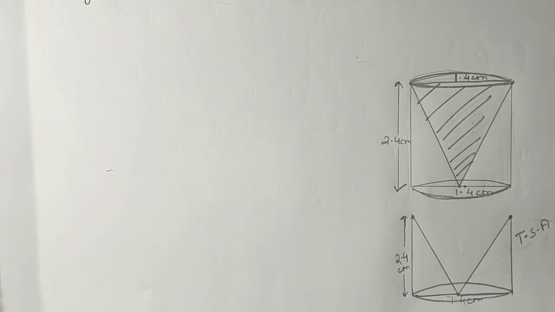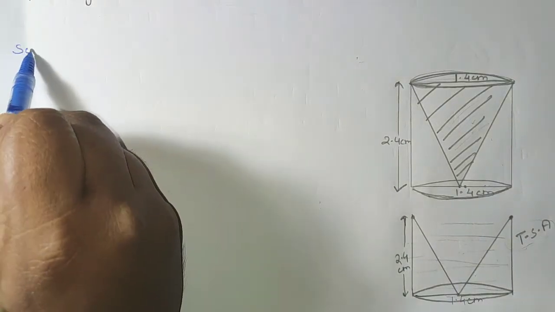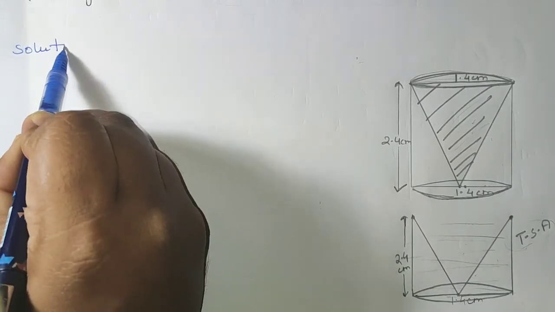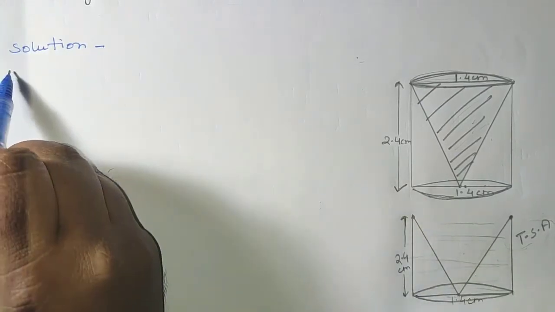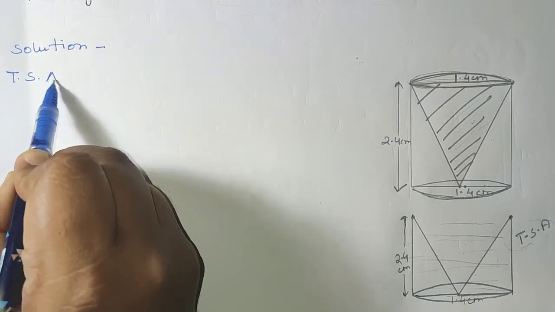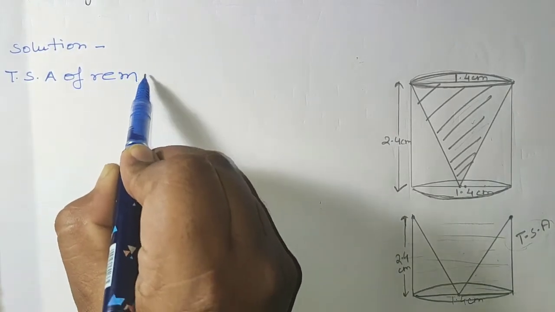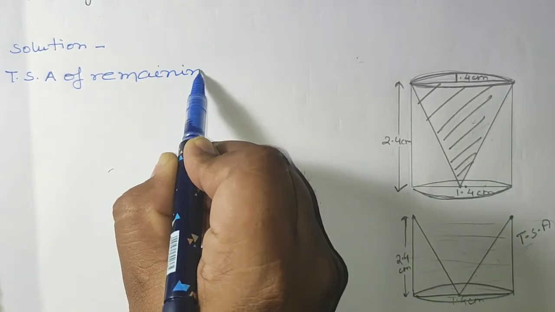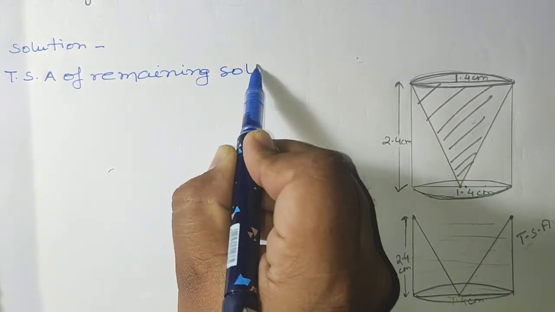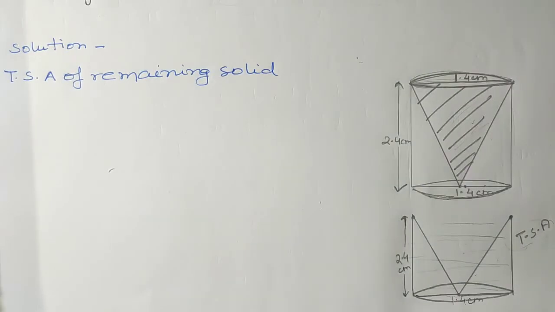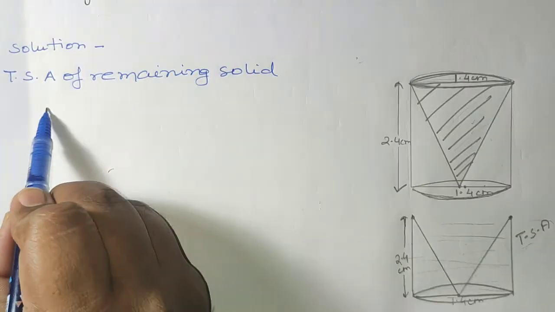See, the curved surface area of the cylinder is coming. So when we solve the question, in the solution part we'll write that total surface area of remaining solid, what will it be, students?